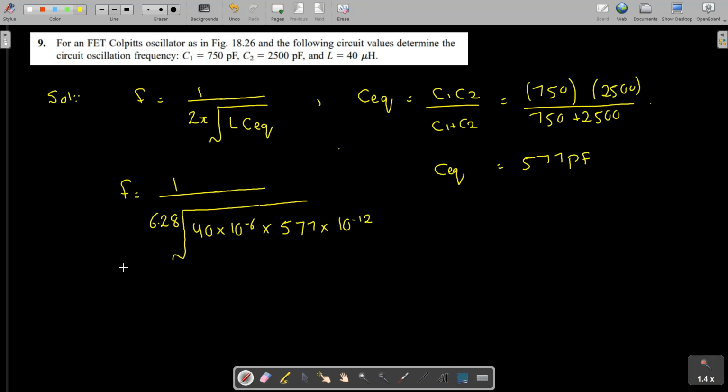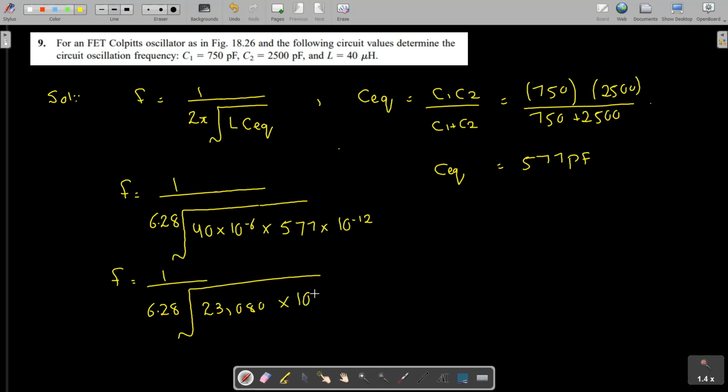Fine. So we just need to solve this. We are going to get 1 divided by 6.28, and 40 multiplied by 577 is your 23080. So we are going to have 23080, and we have 10 raised to power minus 6 multiplied by 10 raised to power minus 12. So both will be added.